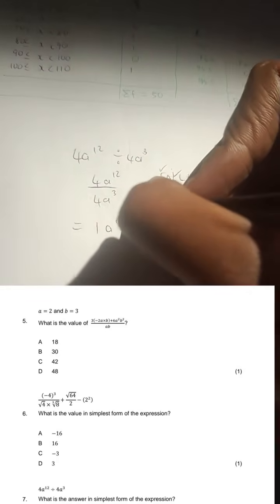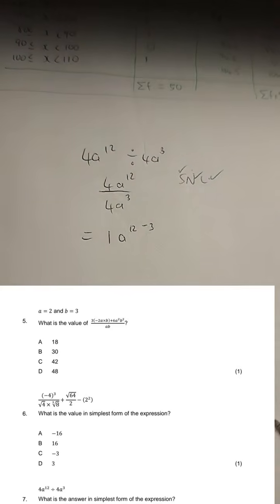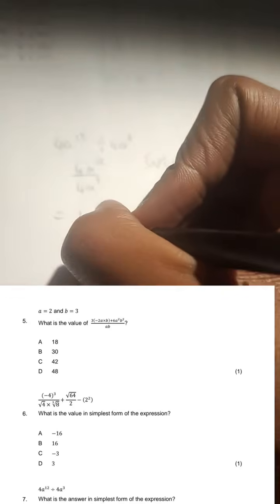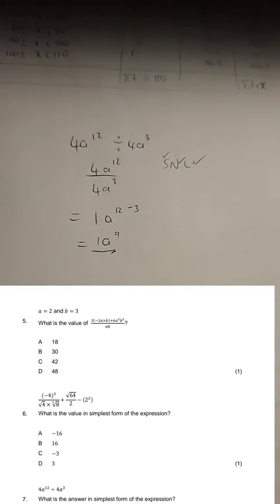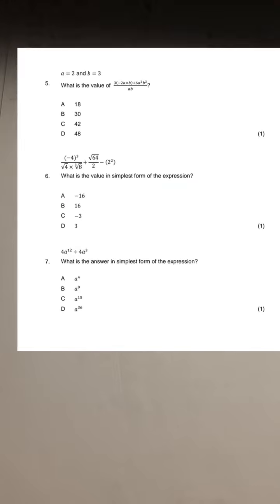It's 12 minus 3, right? What do we get? A to the power 9. The 1 is there, even though we don't see it. You guys have said it very correctly. The answer is B. Very nicely done. Give yourself a round of applause, all of you that have actually selected.